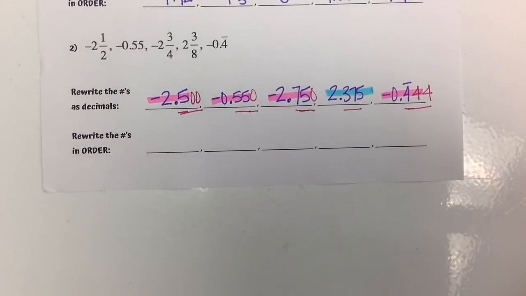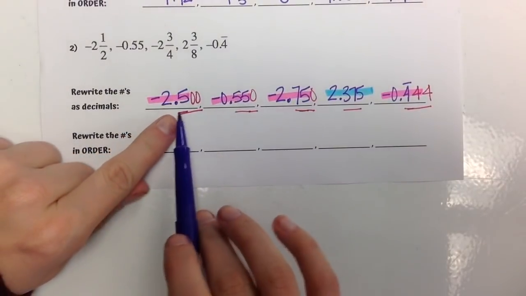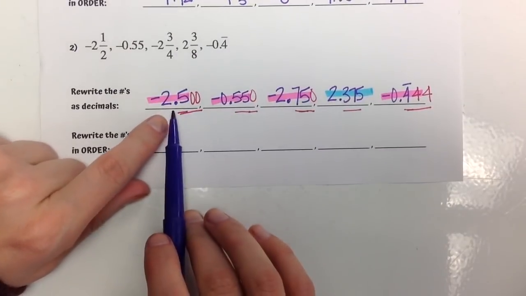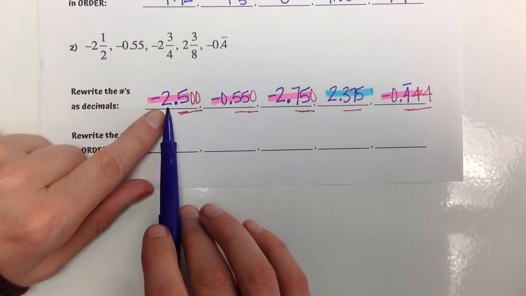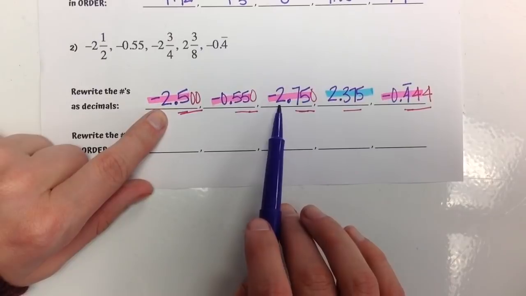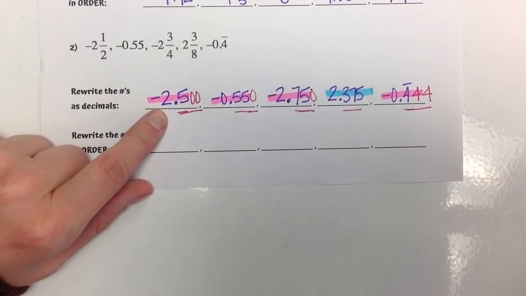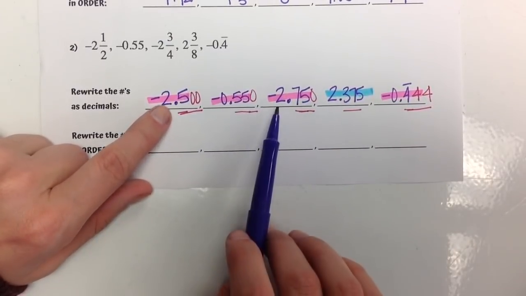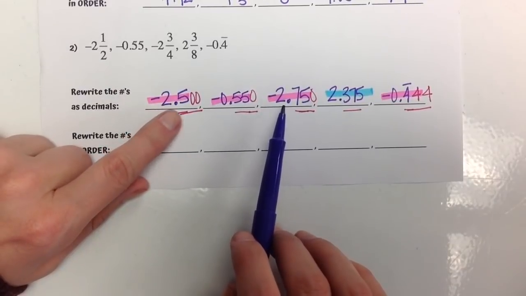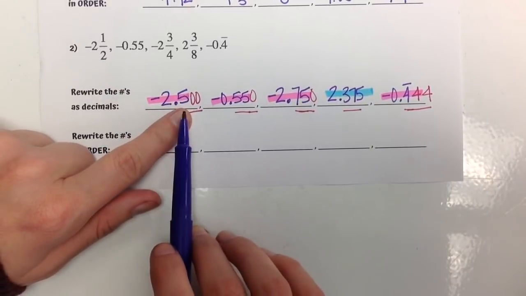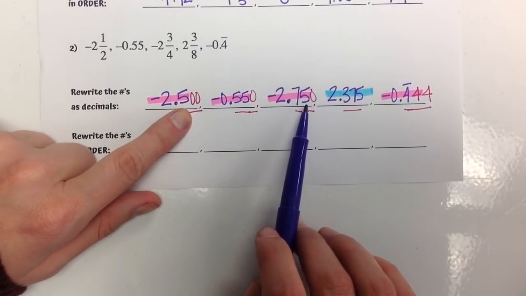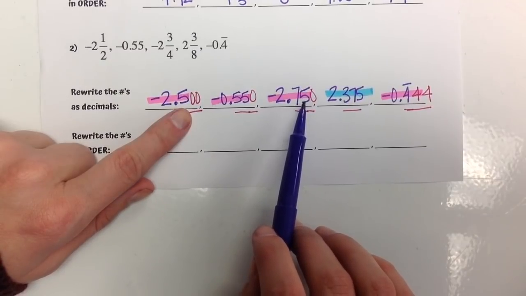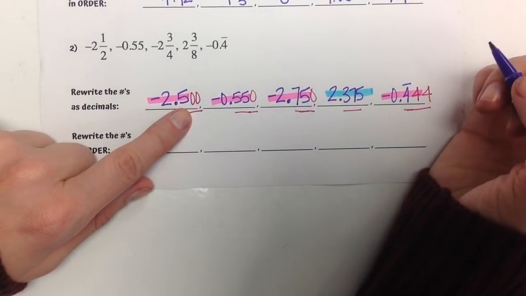So if we look at the negatives, first off, I'm going to look at the whole number parts. We've got -2, 0, -2, -0. So I know that -2 is smaller, so I'm going to start with these two and compare. We've got 500 and 750. Remember, a bigger negative is the smallest number.